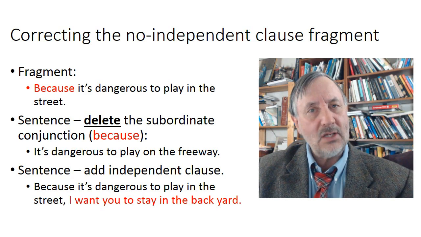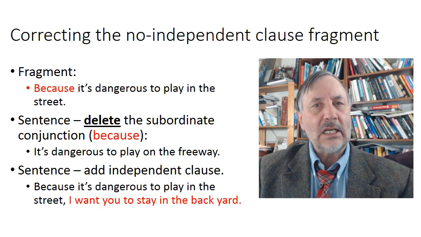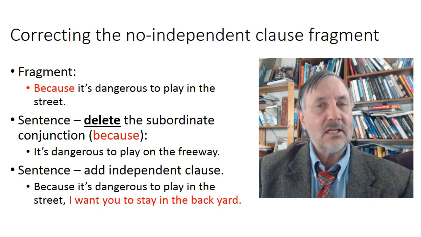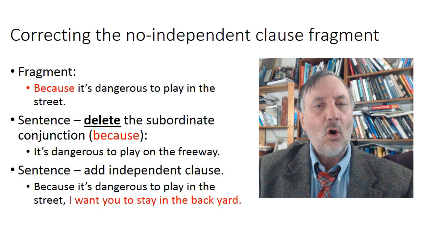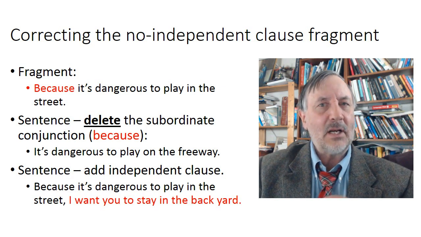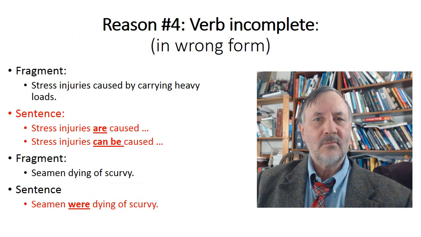So remember, there are two ways to correct a no independent clause fragment. One is to delete the dependent conjunction that makes it a dependent clause, or to complete the thought by adding an independent clause.